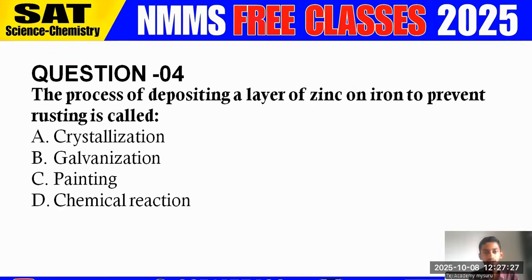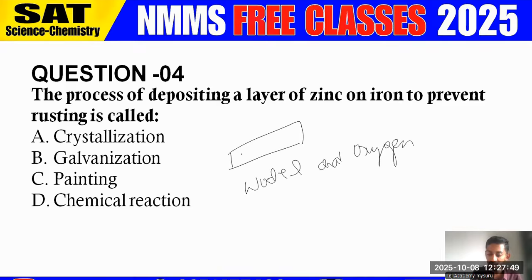The process of depositing a layer of zinc on iron to prevent rusting is called. Dear students, if iron comes into contact with water and oxygen, there will be a formation of rust.